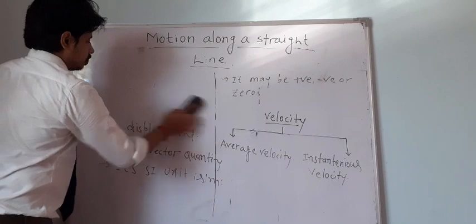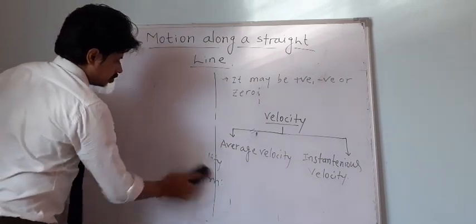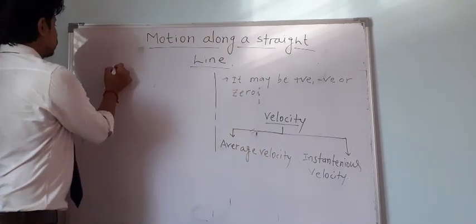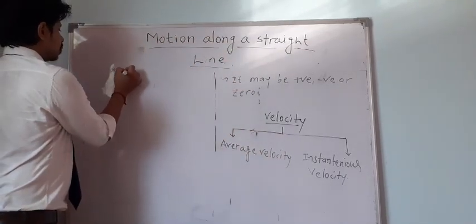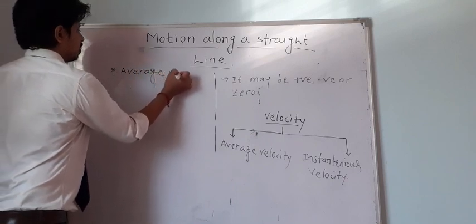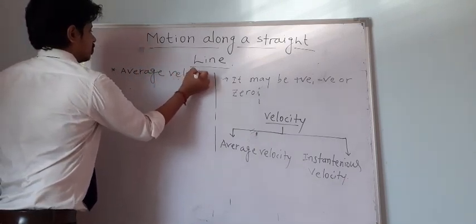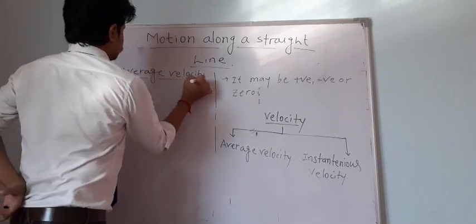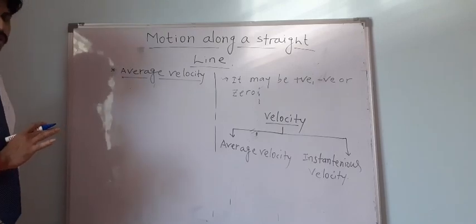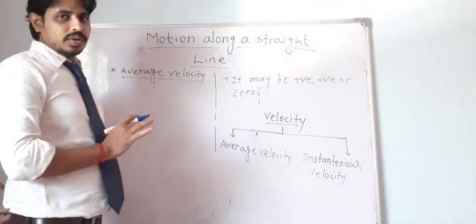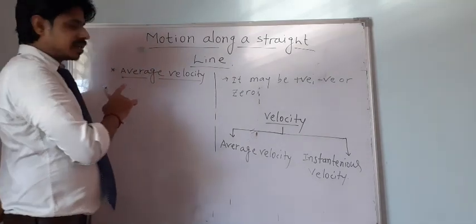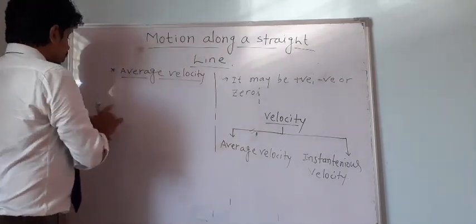So first we will deal with average velocity. It is nothing but the total displacement covered by the total time taken. Directly I am not writing the definition, I am just writing the expression.